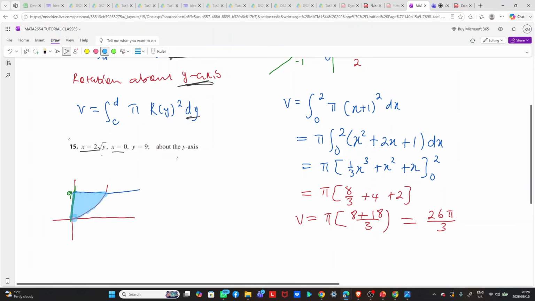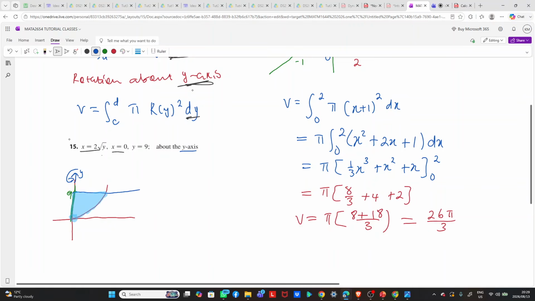And I want to rotate about the y-axis. So can you see again now, if I'm rotating about the y-axis, this is my y-axis. I'm gonna rotate like that. Can you see that this surface does not have any gap between the axis of rotation. So there is no gap between the y-axis and the region. If there is no gap like that, apply the disk method.